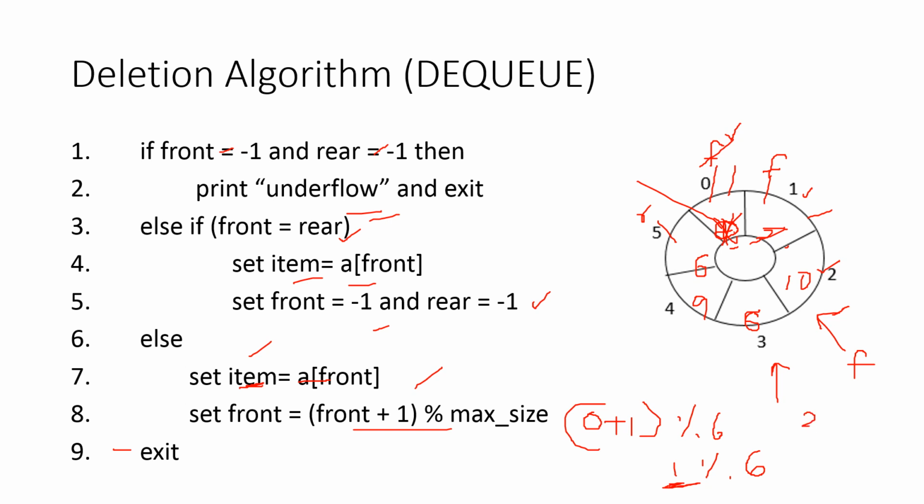If the situation is like that, that is, if the numerator is smaller than the denominator, 3 % 6, 3 by 6, consider the remainder. That is what 3 % 6 is about. So in this case, you have to consider the numerator as the answer. See, the front is shifted to this location. Okay, this is the deletion algorithm.